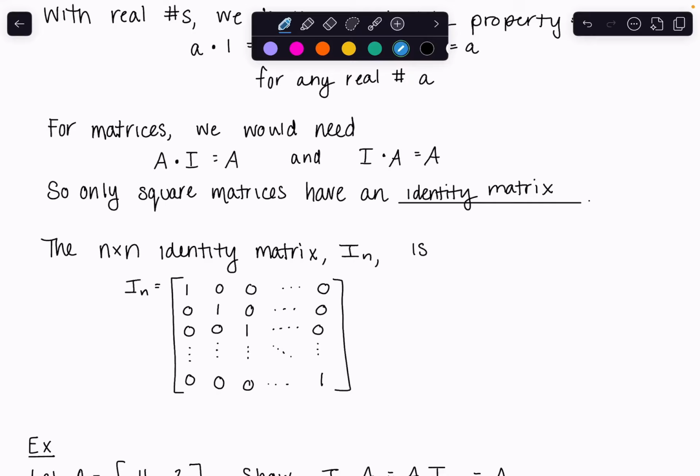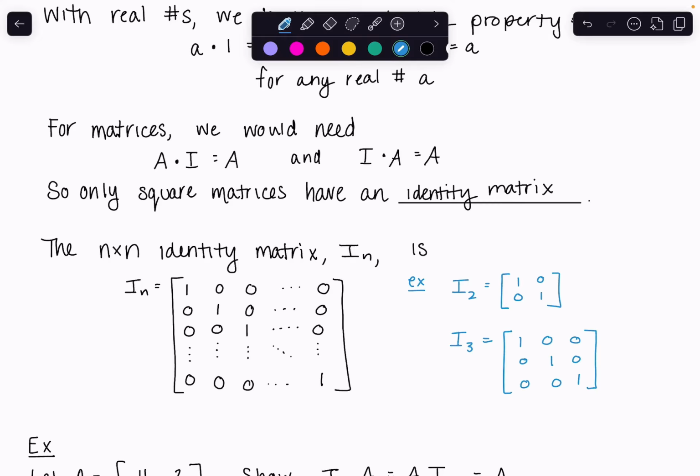Okay. So to give you some mini examples, because we've mostly been working with 2 equations and 2 unknowns: I2 is a 2 by 2 matrix, 1s along the diagonal, 0s everywhere else. And I3 would be a 3 by 3 matrix with 1s along the diagonal and 0s everywhere else.